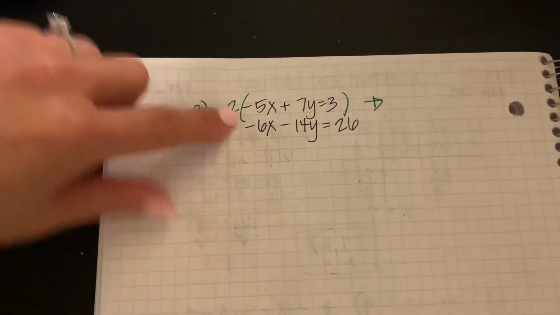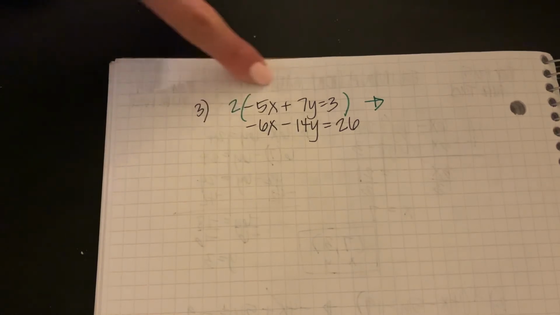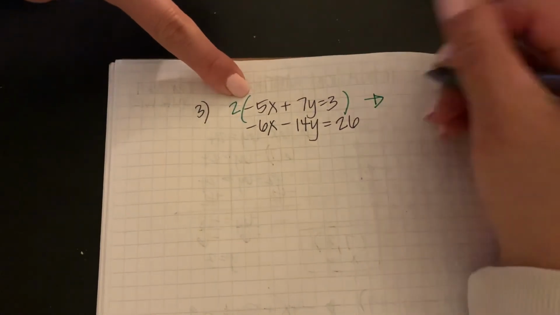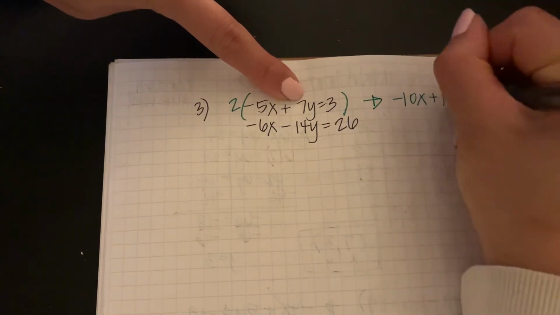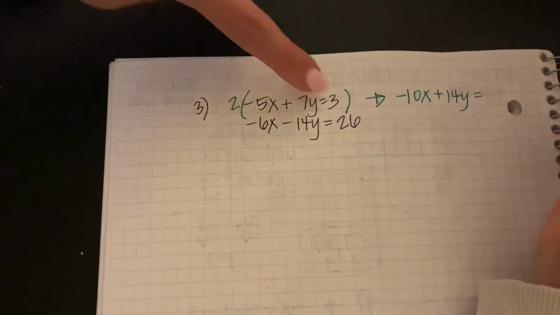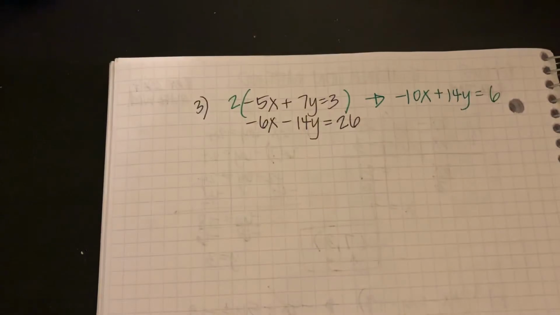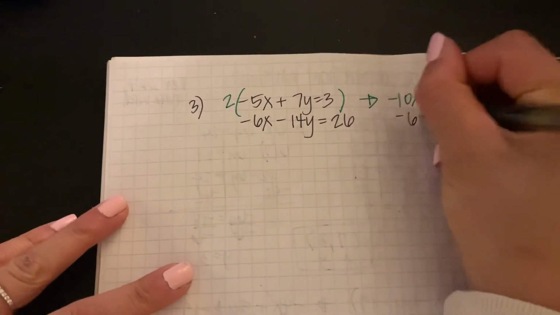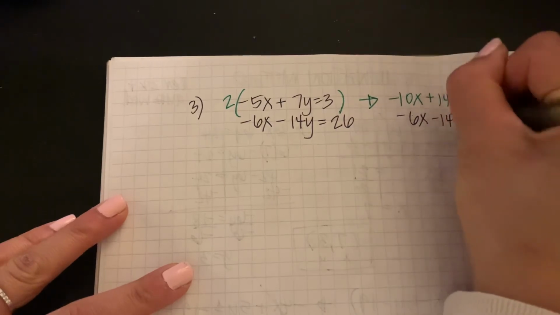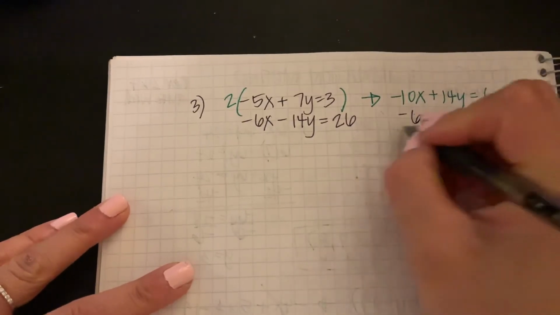Remember, you need to distribute this 2 to every single term. 2 times negative 5x is negative 10x. 2 times 7y is 14y. 2 times 3 is 6. I'm going to go ahead and rewrite the second equation. Negative 6x minus 14y equals 26.